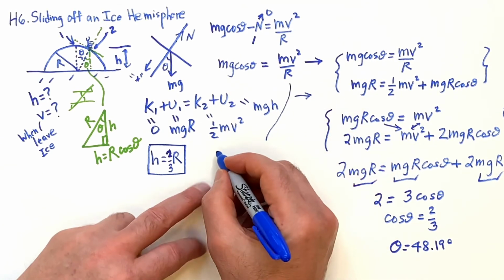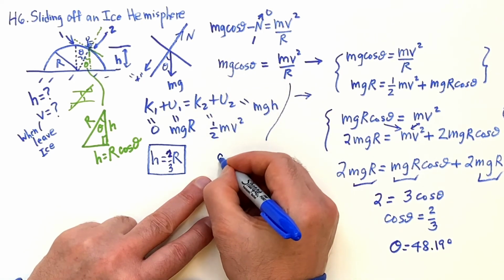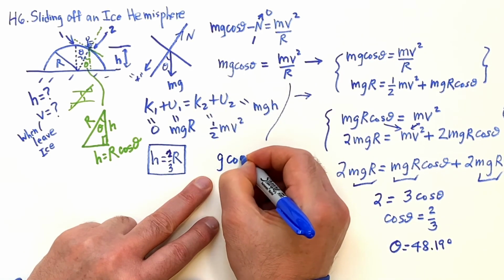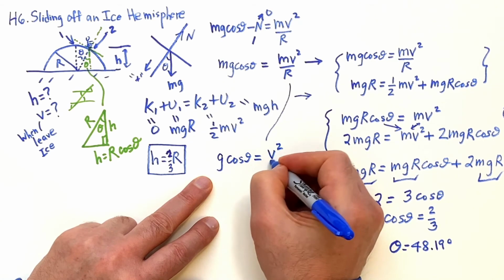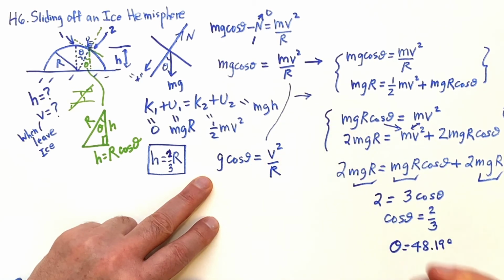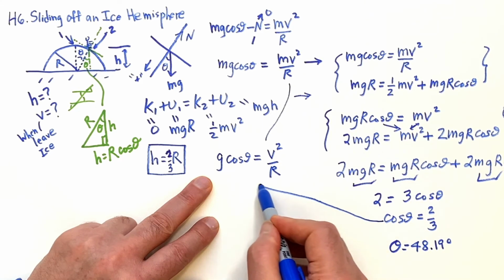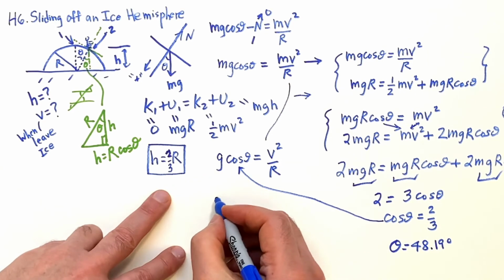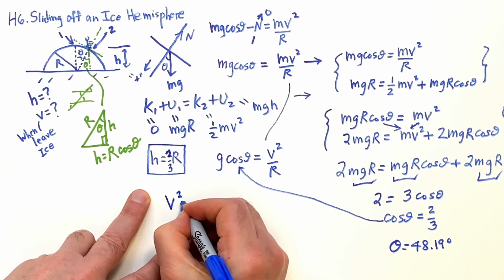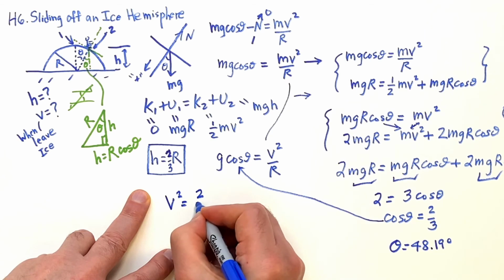The m's go out and I get g cosine of theta is equal to v squared over r. And I know that the cosine is 2/3. So that means v squared is 2/3 g r.